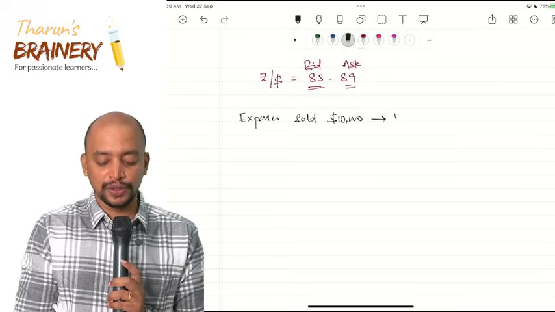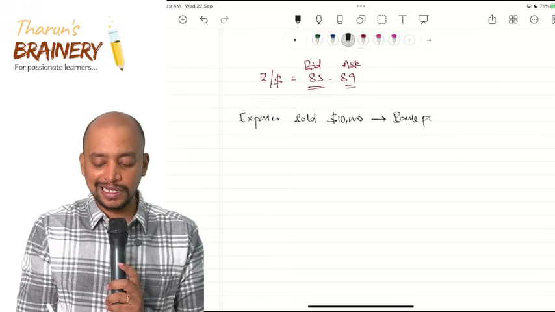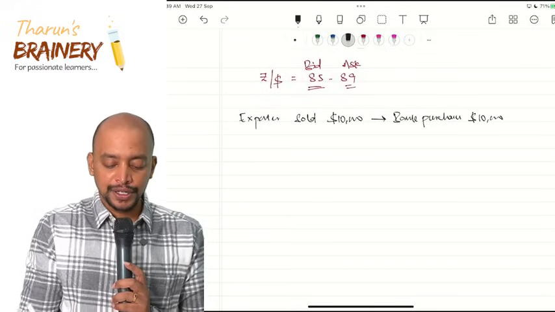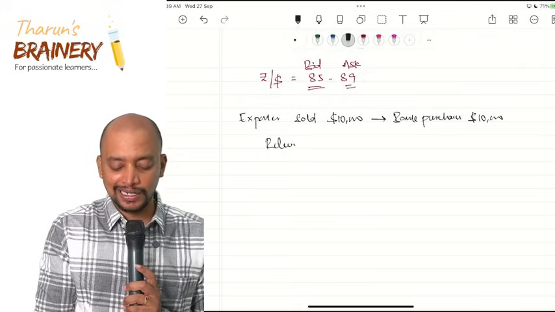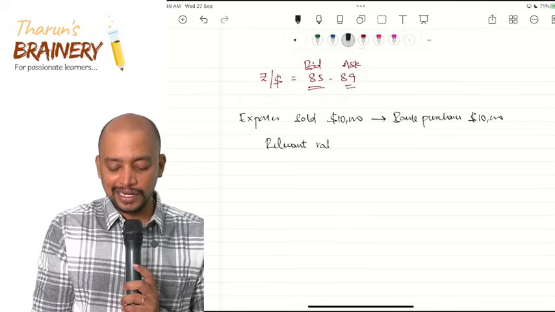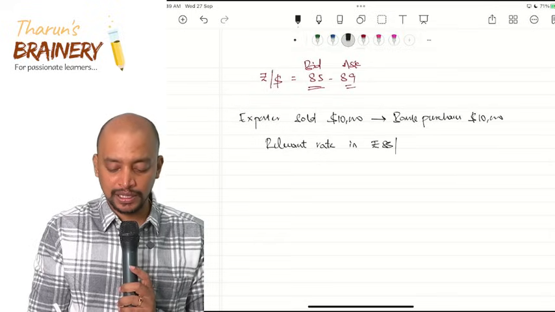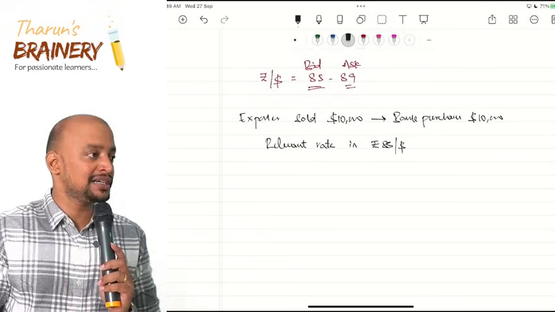Then what is the bank doing? The bank purchases dollars. The bank purchases $10,000. So what is the relevant rate, bid rate or ask rate? The relevant rate is the bid rate. That is, 85 rupees per dollar will be taken as the relevant rate here.